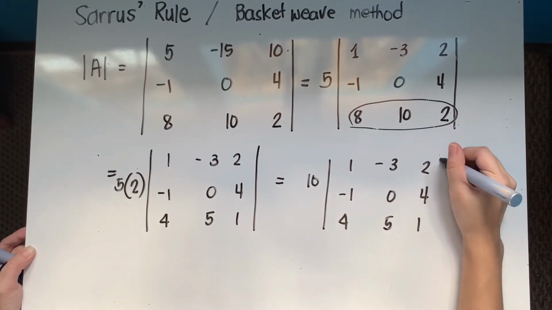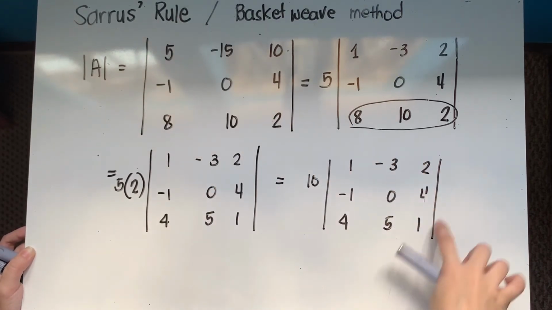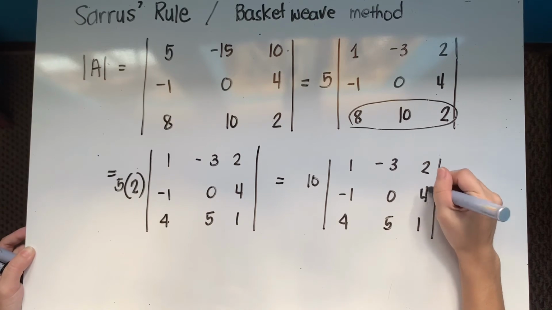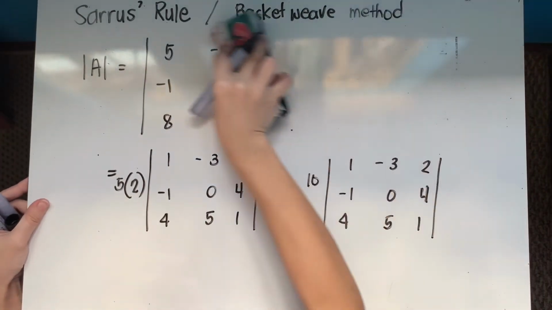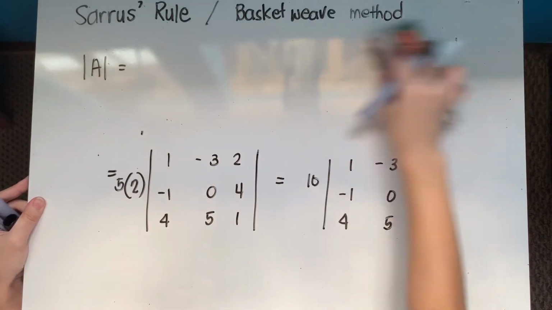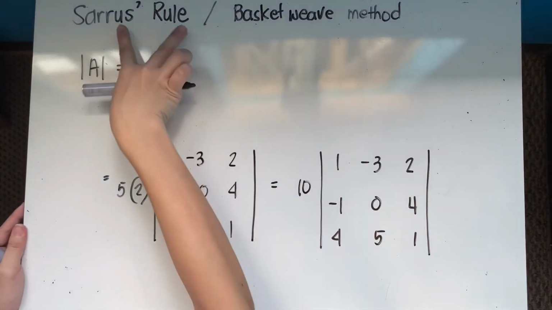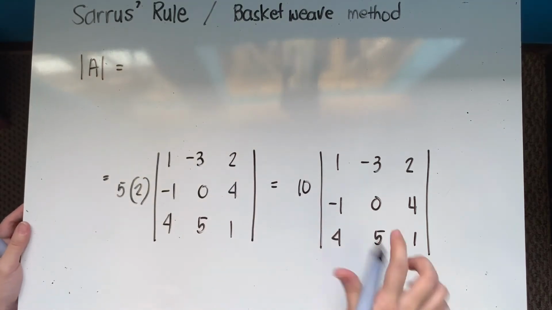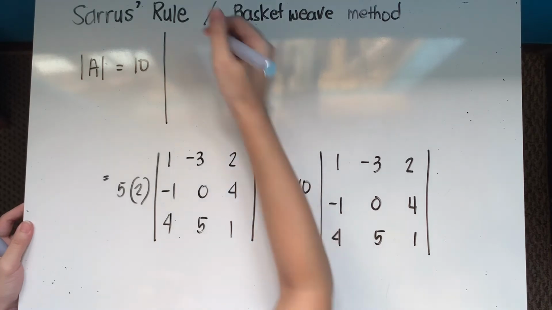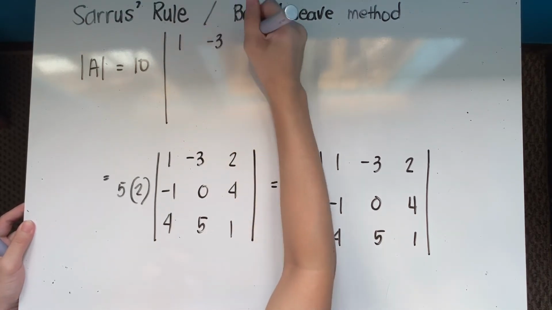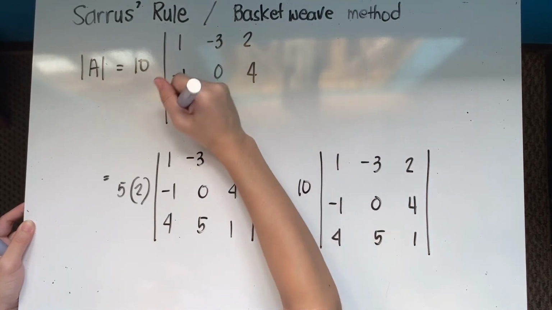Now, let's apply Sarrus on this 3x3. Okay, let's make a space here sa taas. Okay, let's apply Sarrus rule for this 3x3 determinant. That would be 10 multiplied by, kokopyahin ko yung original, determinant, negative 1, 0, 4, and 4, 5, 1.